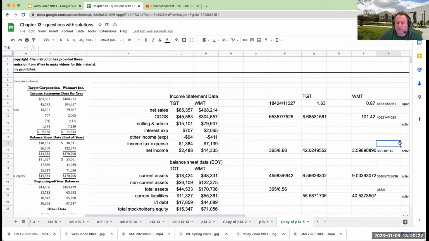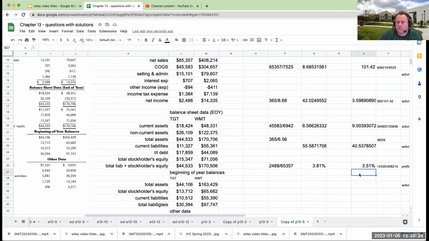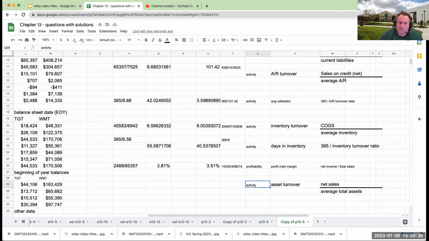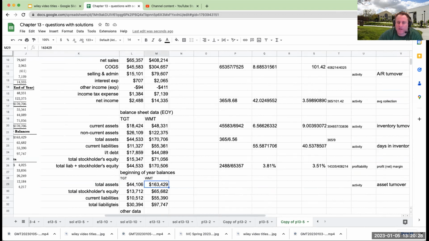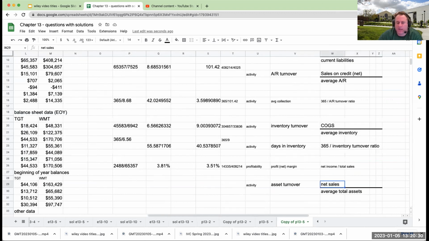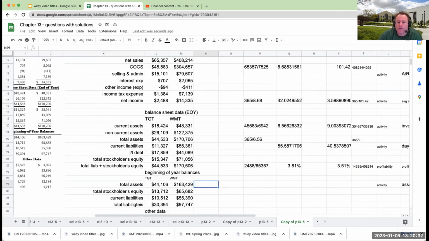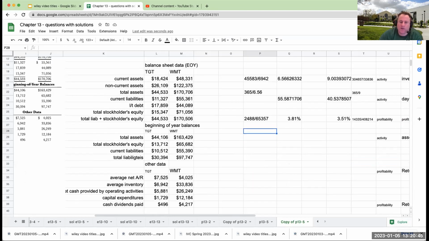So for asset turnover, we've got net sales, and this is going to be divided by average total assets. Okay, so my net sales over here are going to be 65,357, and this is going to be divided by my average total assets.